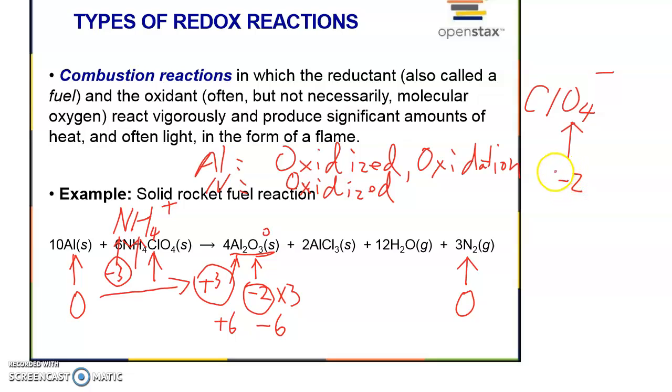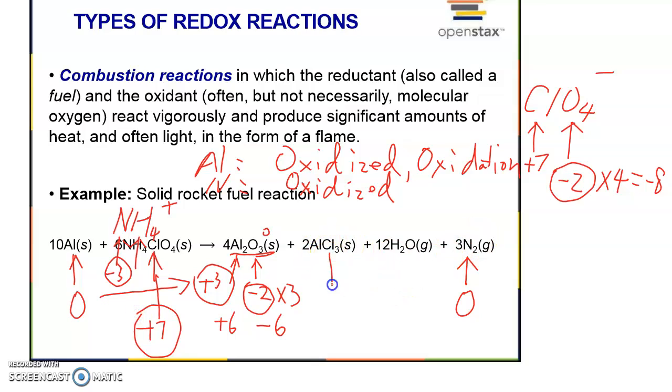That is the oxidation number for oxygen, and we have 4 of them, so multiplied by 4, that is equal to -8. The net charge of this whole thing is -1, and therefore chlorine must be +7. So over here, chlorine's oxidation number is +7.